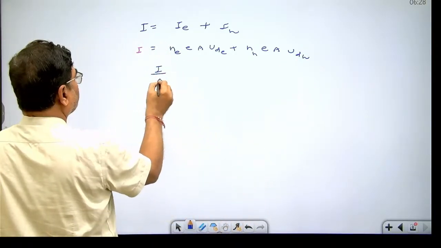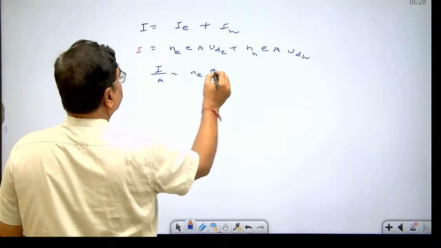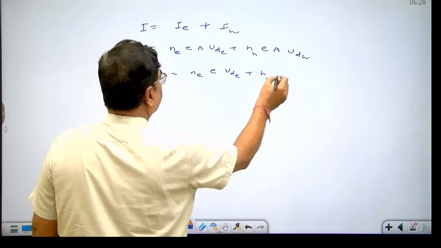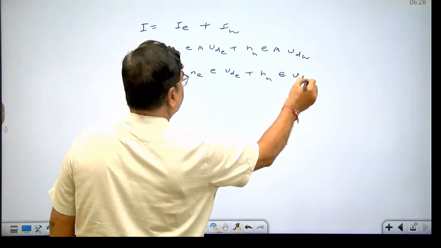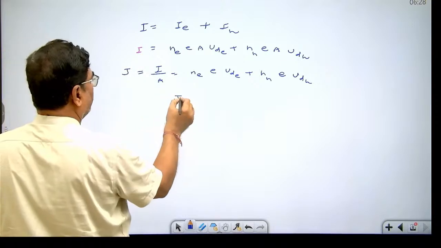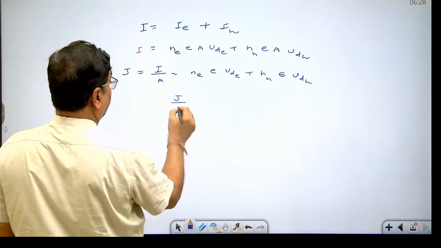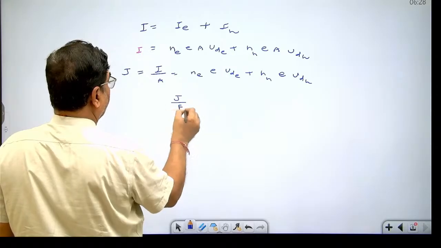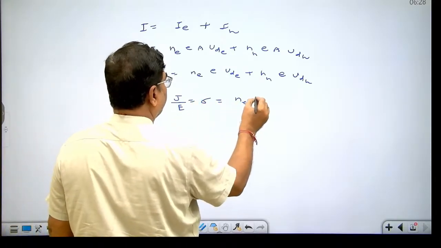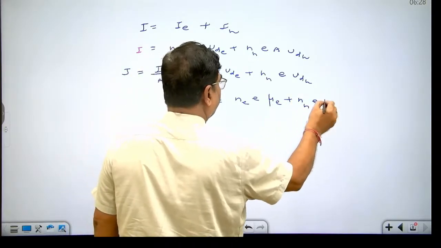And current upon cross section area, this is NE E VD plus NH E VDH. This is called current density, and current density upon electric field, this is called sigma. This is conductivity, Ne e mu E plus Nh e mu H.